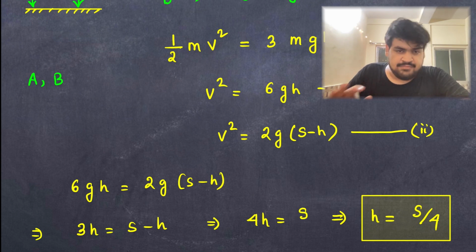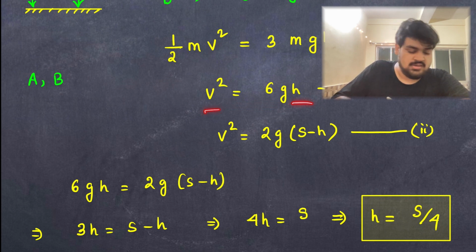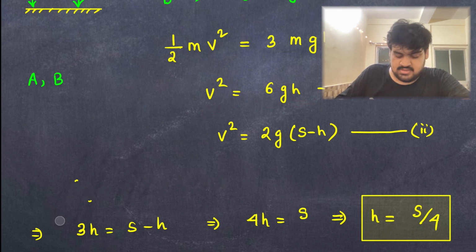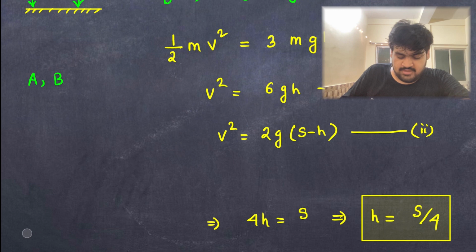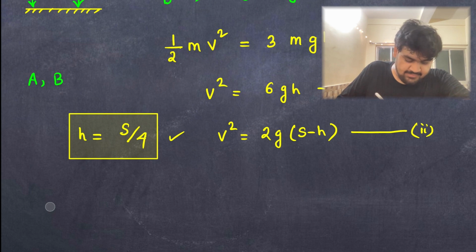Now what we need to find is the velocity of the particle at this particular height. How can you find this? Easy. We got v square equal to 6gh, put h over here and we'll find v. Very easy. Here our h is s by 4, so our v squared will be 6 times g times s by 4.